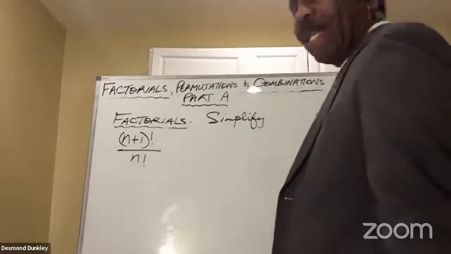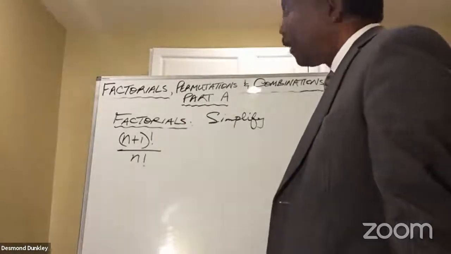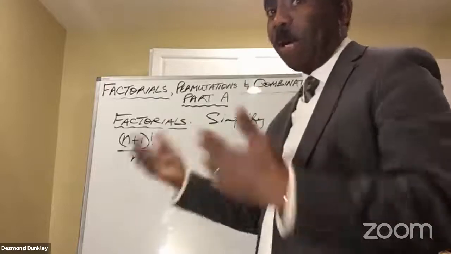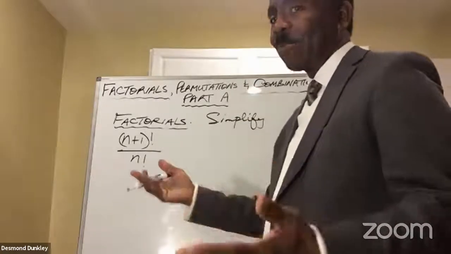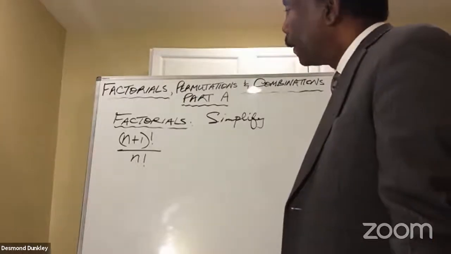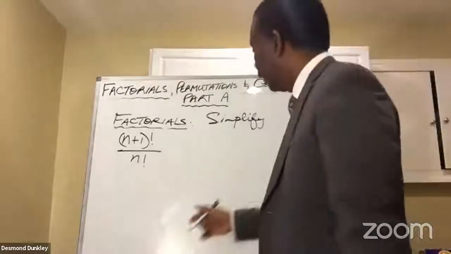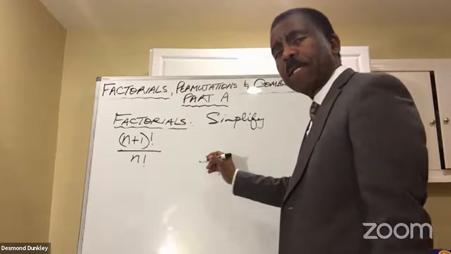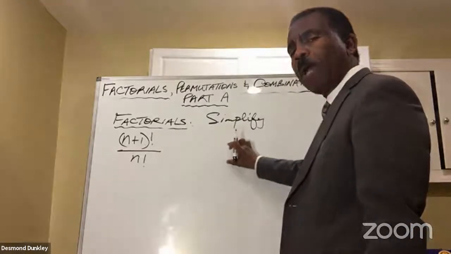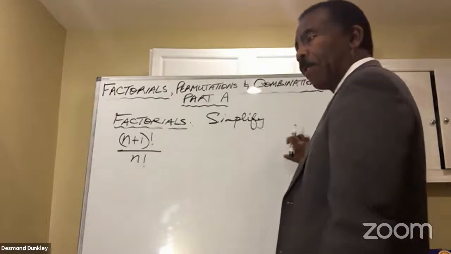Wow. Look at that. We started dealing with just numbers and everything was fine. Now you're crazy. Instructor now says, plug some letters in there and see what happens. Well, the principle says that anything factorial is obtained by multiplying that number times the one below it, times the one below it, times the one below it.